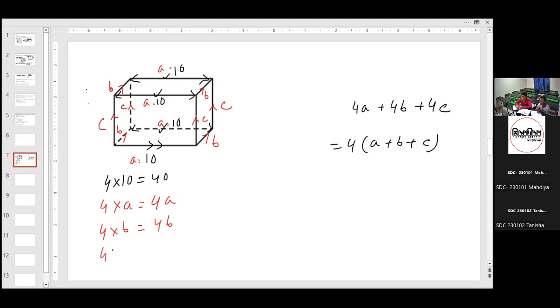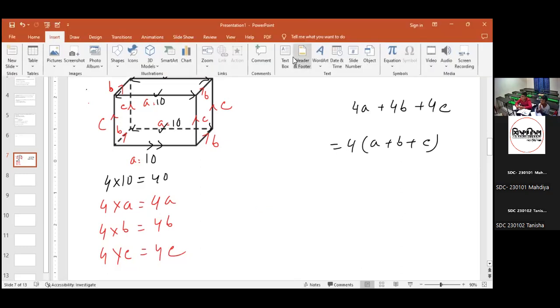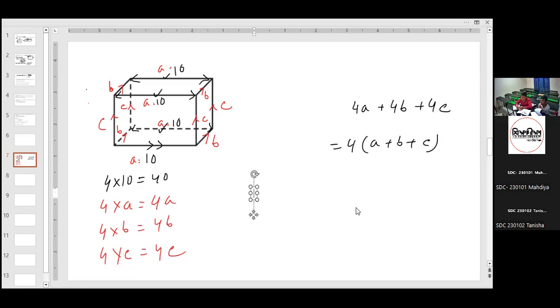Sir, I have a question. Can I ask? Sure, carry on. Sir, as you told, if the values are unknown and you ask for the sum of the length, breadth, or height, do we just multiply and then write the answer?